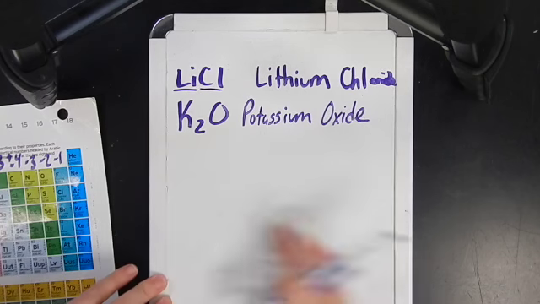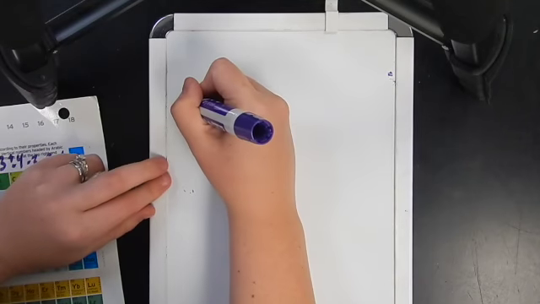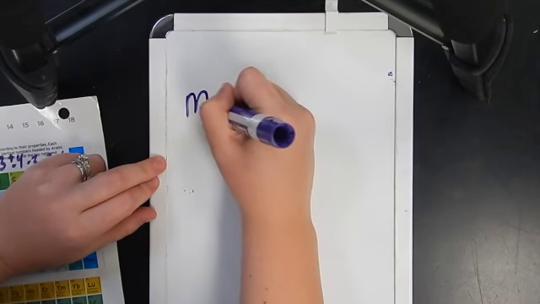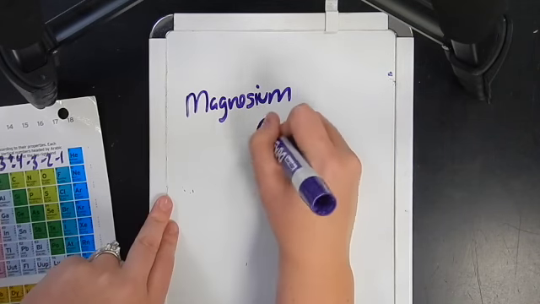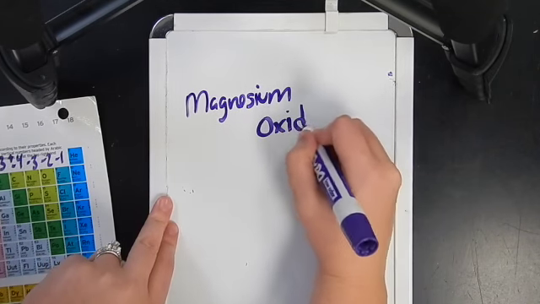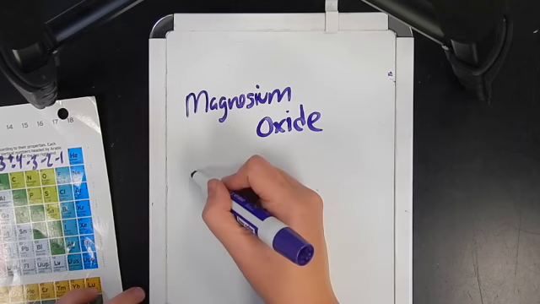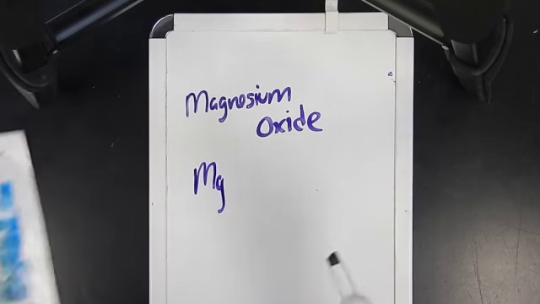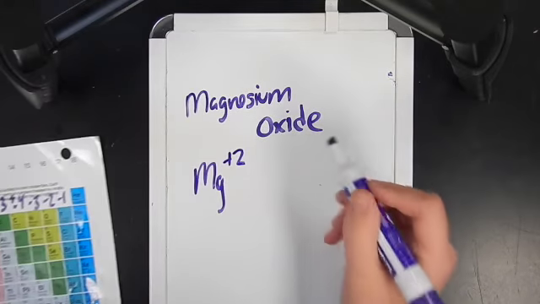Now, if I give you another example, magnesium oxide. Magnesium we know is Mg. We find it on the periodic table. It is right here with a +2 charge, so we write +2.